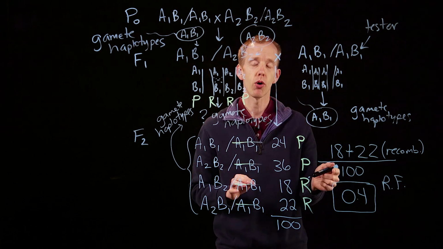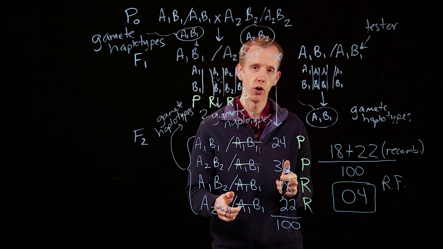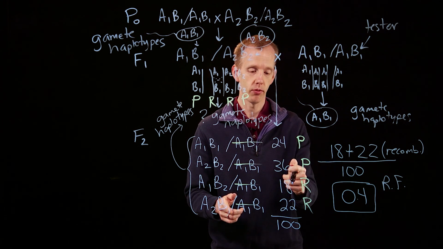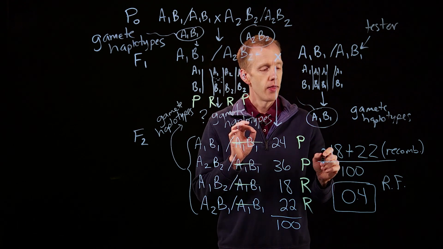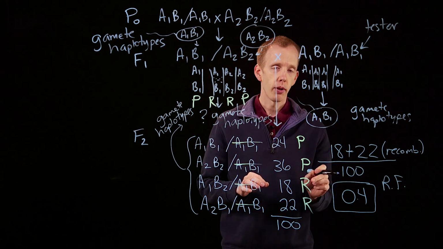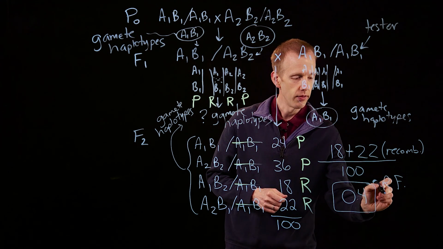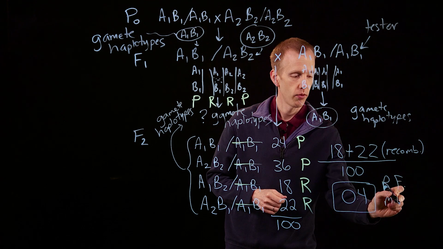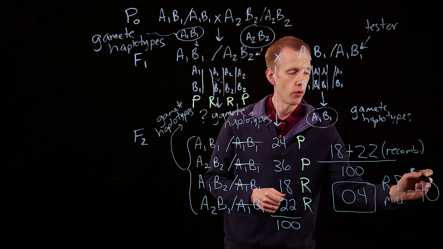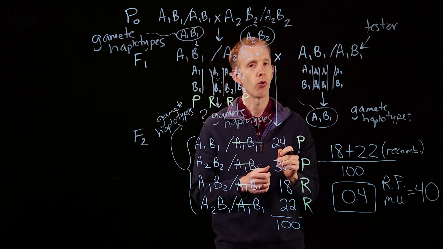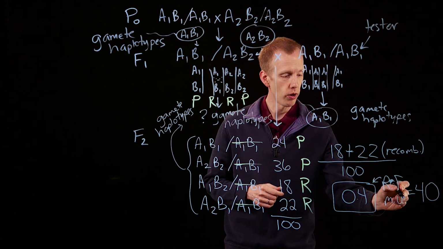So you could say 0.4 recombination fraction is 40% of gametes were recombinant types, right? 40 out of 100 in this case. The percentage of recombinants, or if you multiply the recombination fraction by 100, that gives you map units, or MU. So in this case, recombination fraction of 0.4 gives us 40 map units.